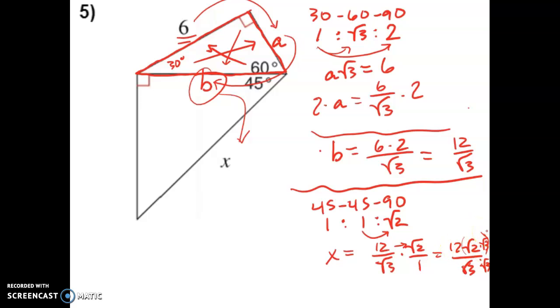Root 2 times root 3 is root 6. So x equals 12 times root 6 in the numerator. And then the denominator is root 3 times root 3, which is just 3. Simplify one step further. My x is equal to 4 root 6. And after all that mess, there's my final answer.